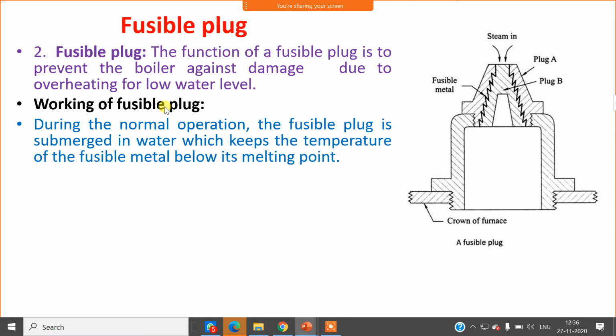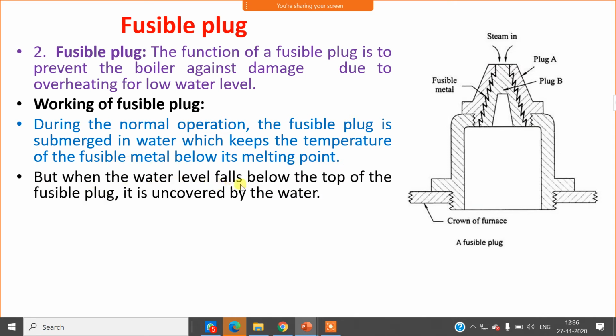Now the working of the fusible plug: during normal operation, the fusible plug is submerged in the water so that it cannot melt. The fusible plug melts only when the temperature is above the operating condition. During normal operation, the fusible plug is submerged in the water, which keeps the temperature of the fusible metal below the melting point.